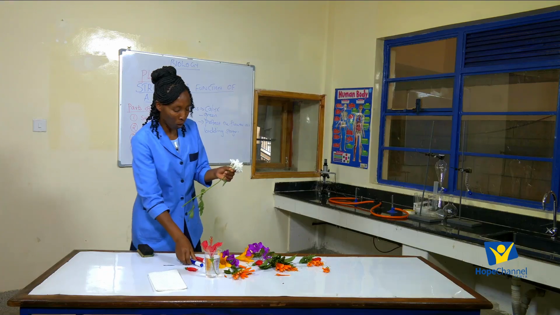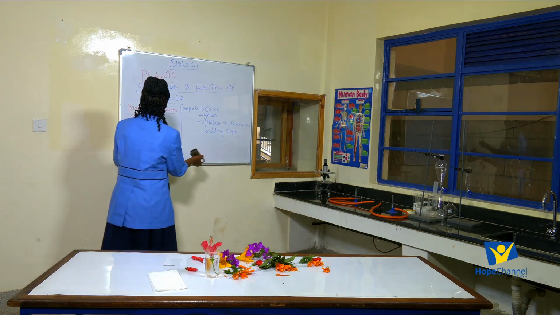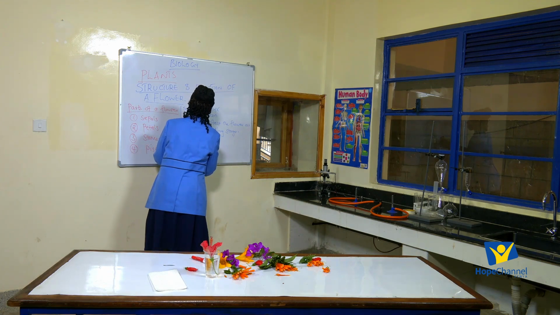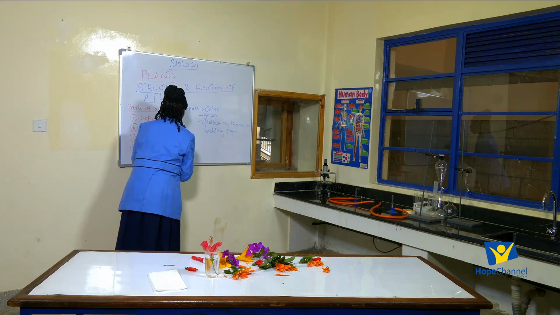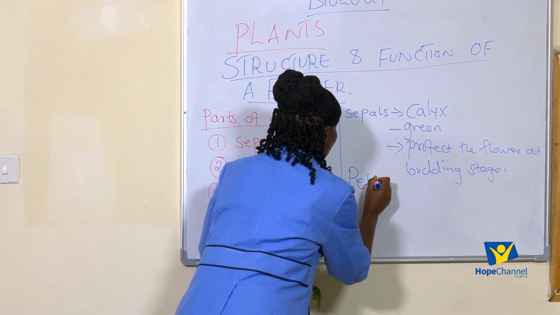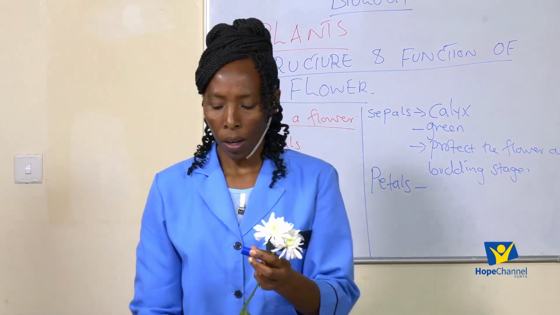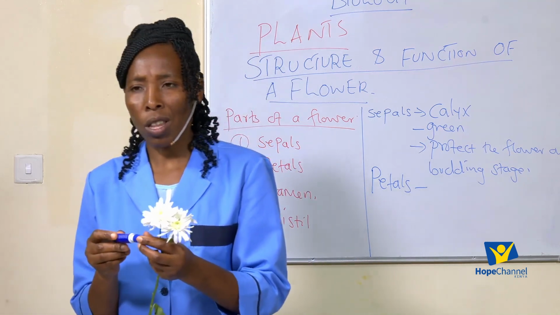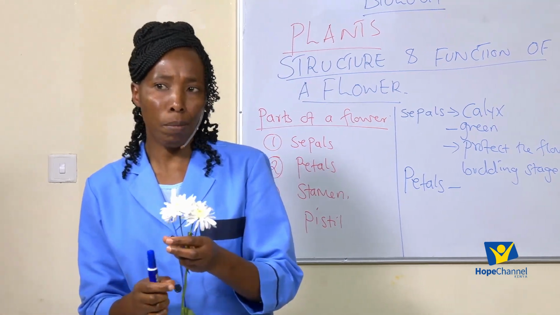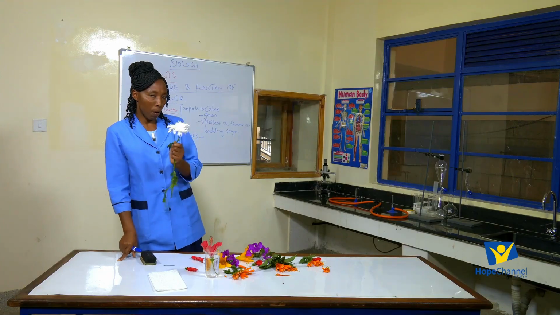Now we want to move to the next part of the flower. And I want to talk about the petals. So we have the petals. Now, when we talk about petals, mostly we concentrate on plants that are pollinated by insects, insect-pollinated flowers.